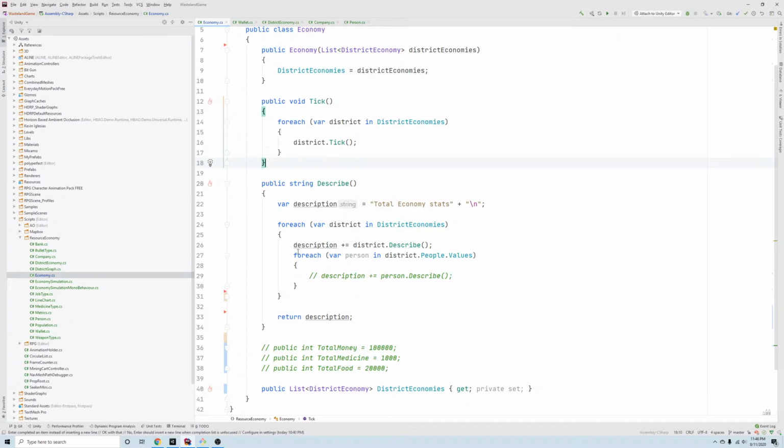So I'm going to update this to just show the total sum of all the wallets right now.